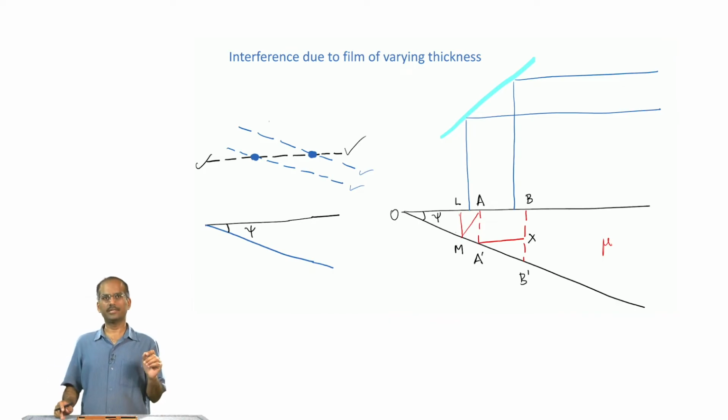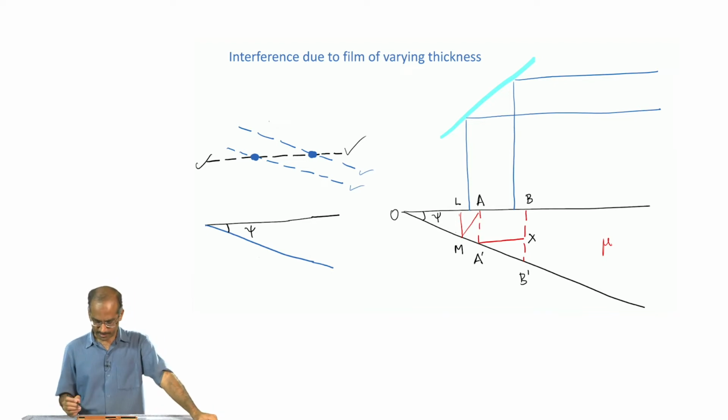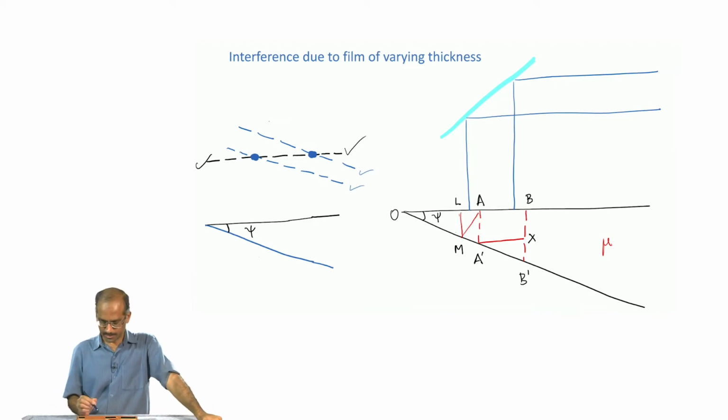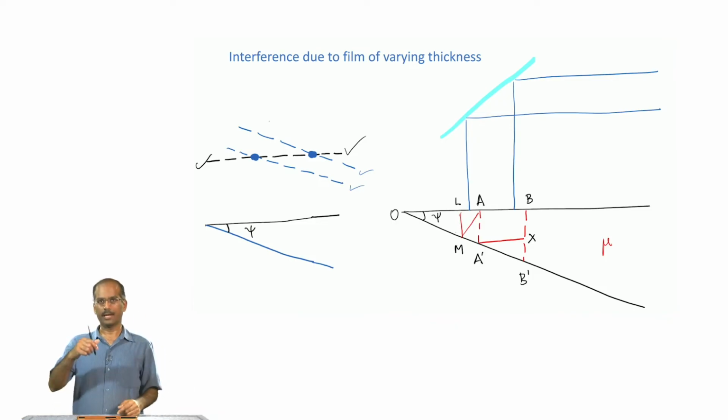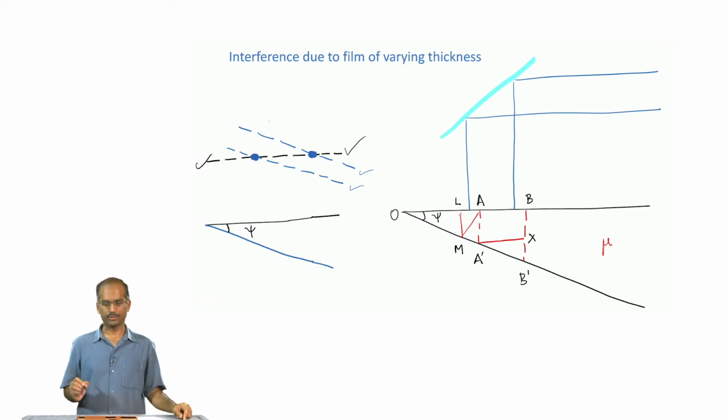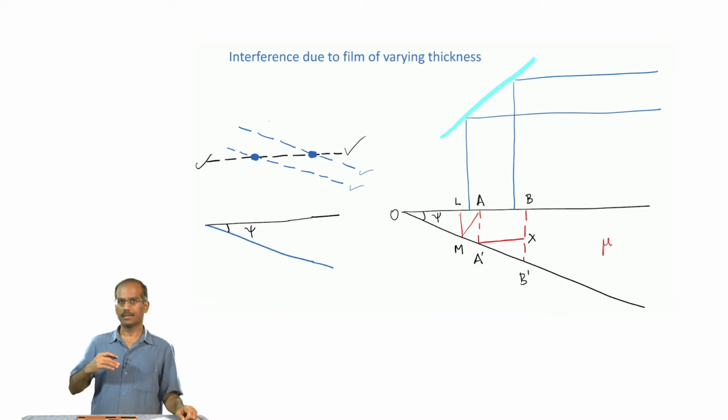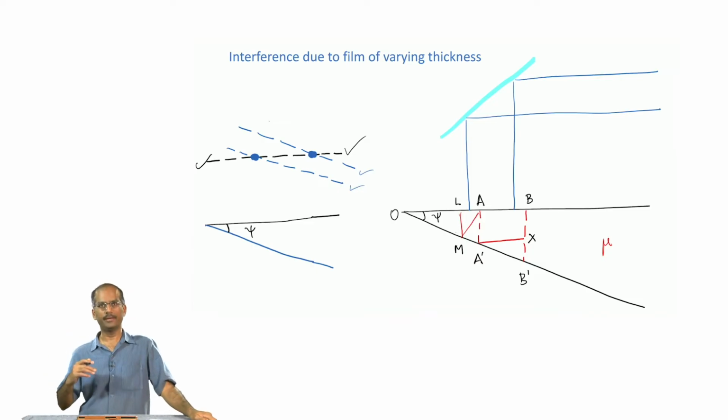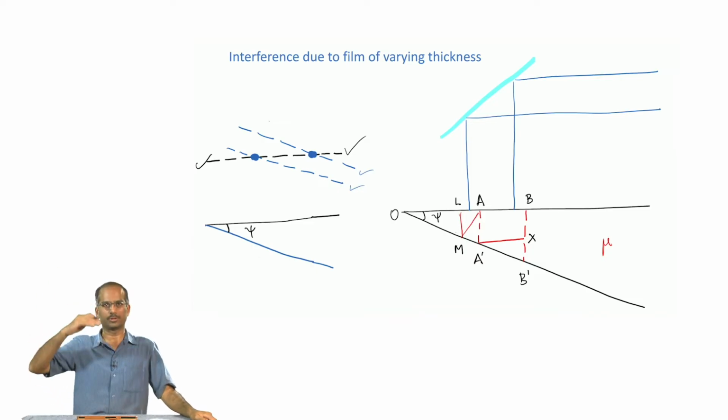Now, let us consider one beam which enters the glass slab at point L in this figure. It goes straight in and it hits the lower surface at position M, and from M it gets reflected back and goes to position A, and from A of course it goes out.